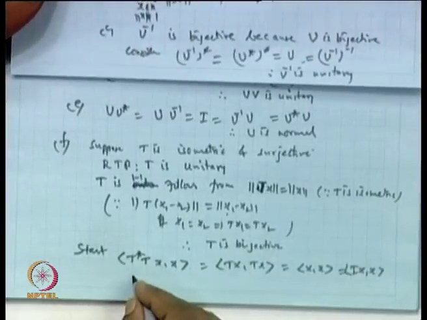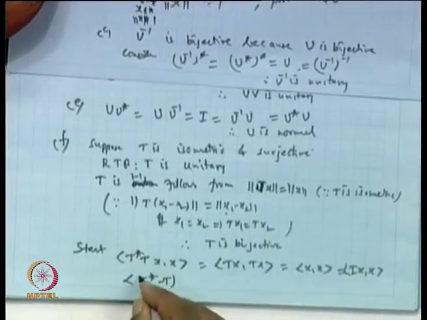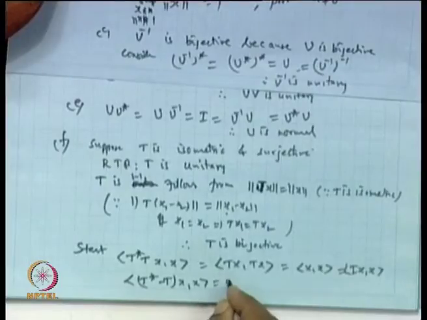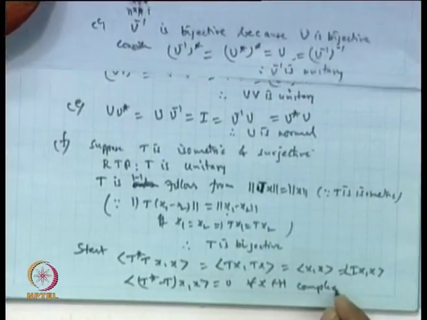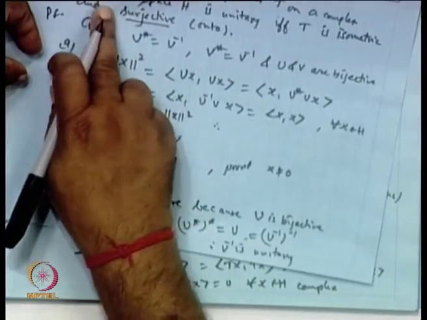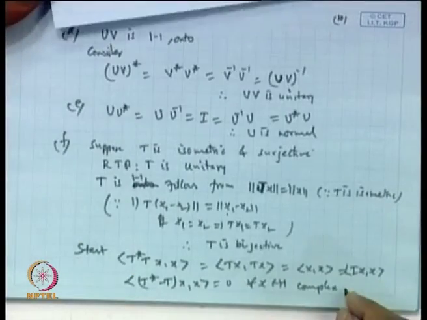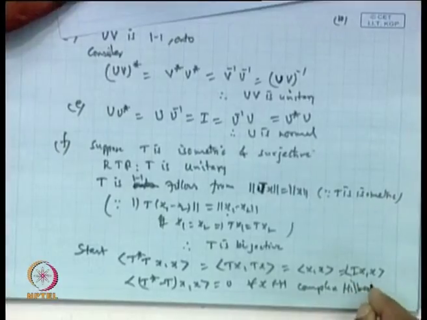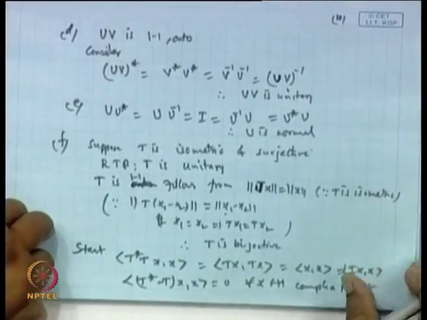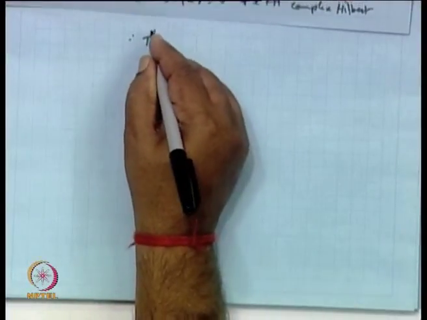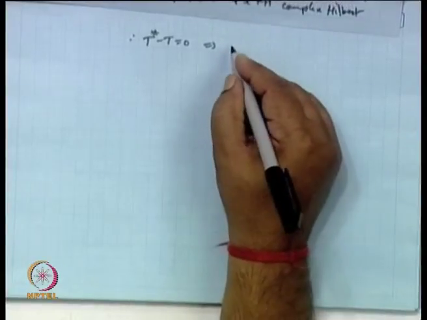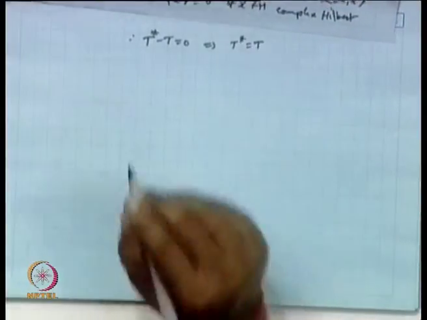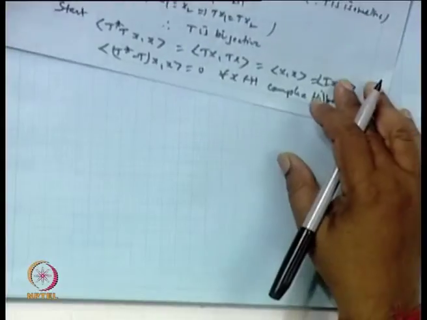But this implies x comma x is 0 for every x belonging to H, where H is a complex Hilbert space. This is given. So complex Hilbert space, therefore T star must be equal to T.